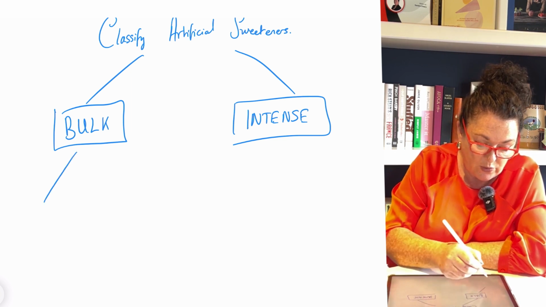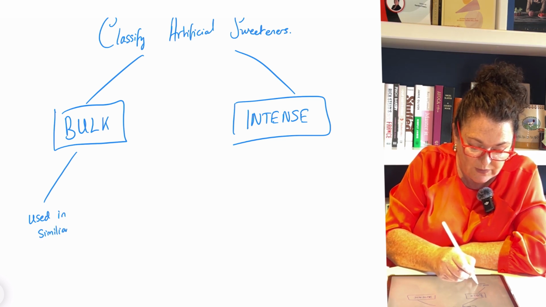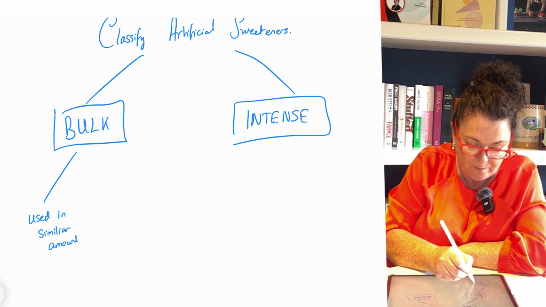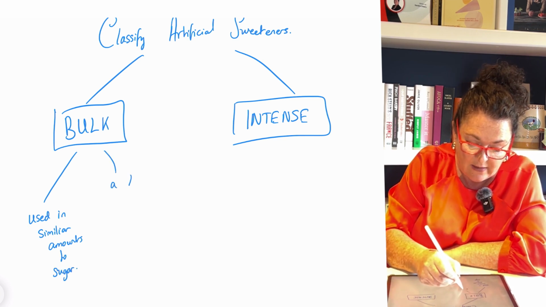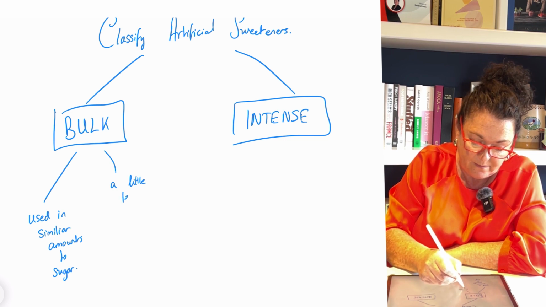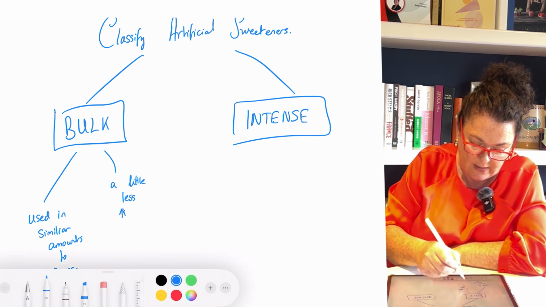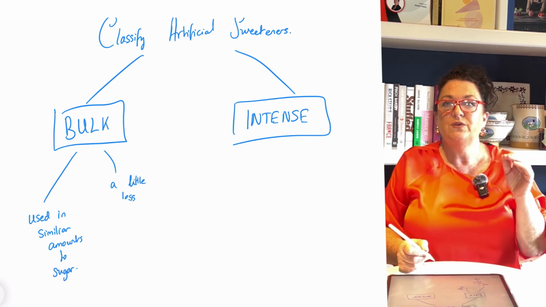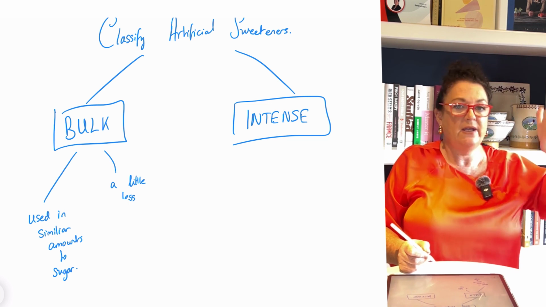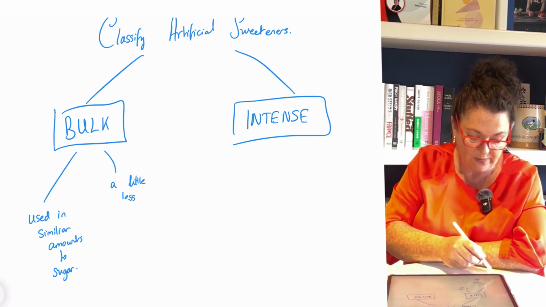But first of all, we note that bulk sweeteners are used in similar amounts to sugar. And they are a little less sweet than sugar. So in other words, if I was using 2 teaspoons of sugar in X, Y, or Z, I would use 2 teaspoons approximately of the bulk sweetener.